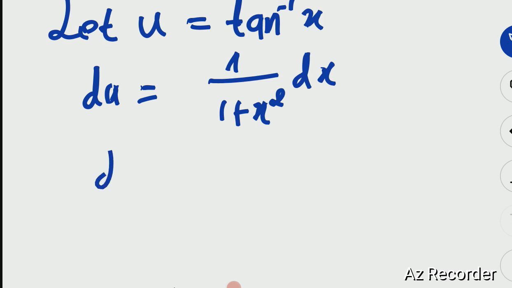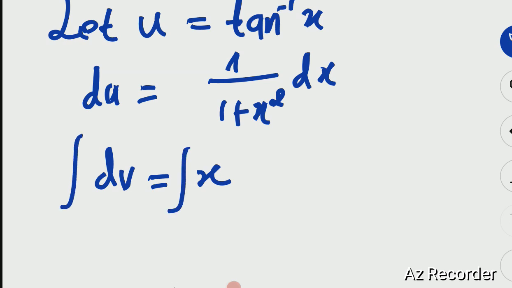So dv will be equal to x dx. Now, to get v, we are going to integrate both sides.